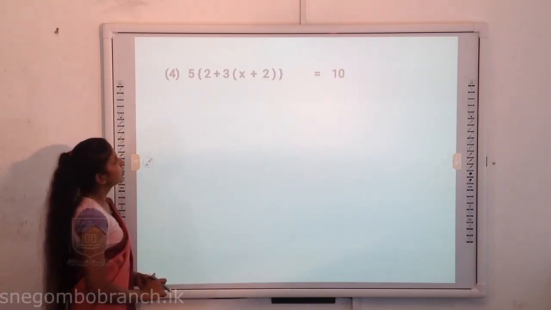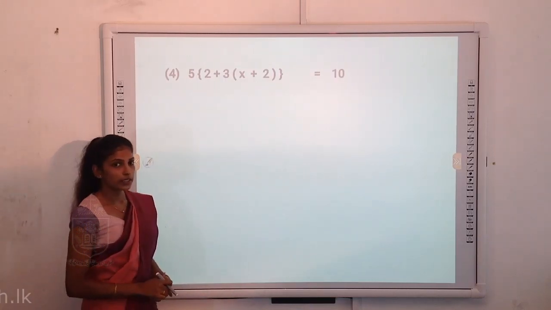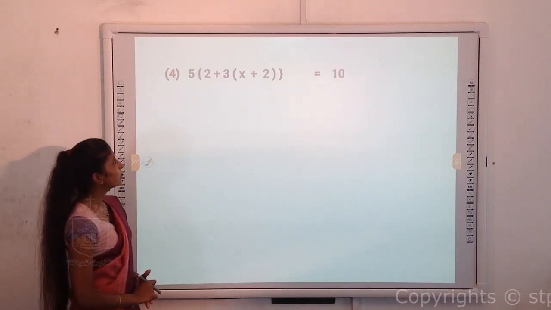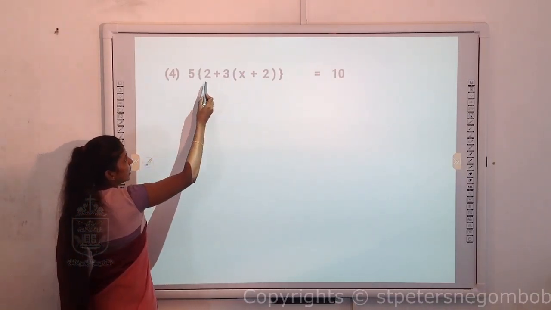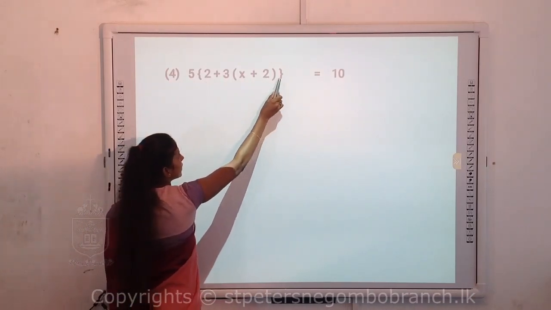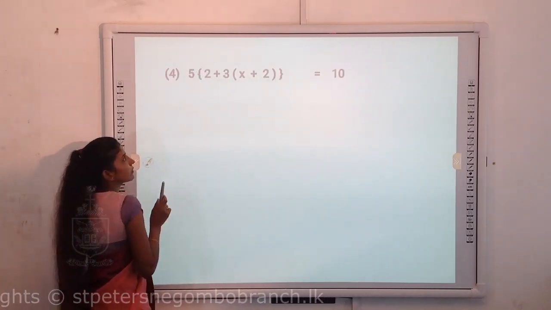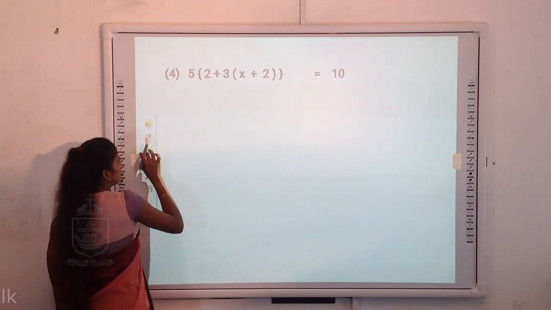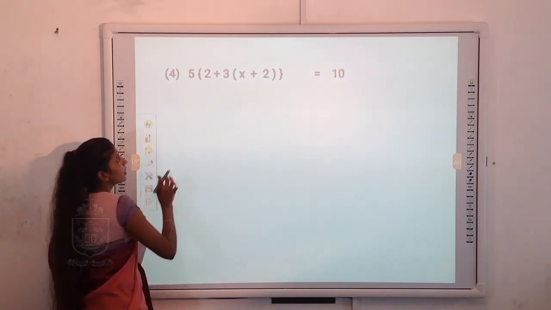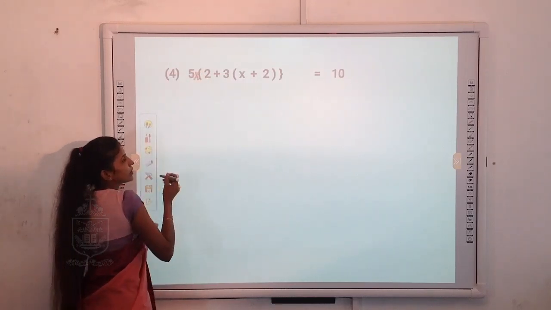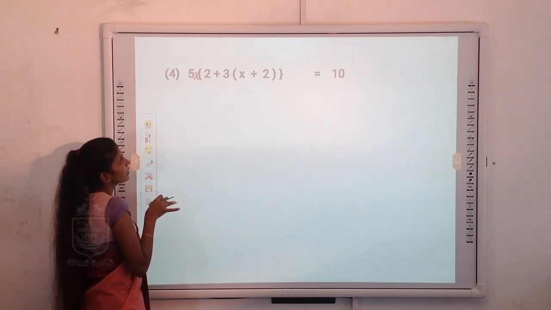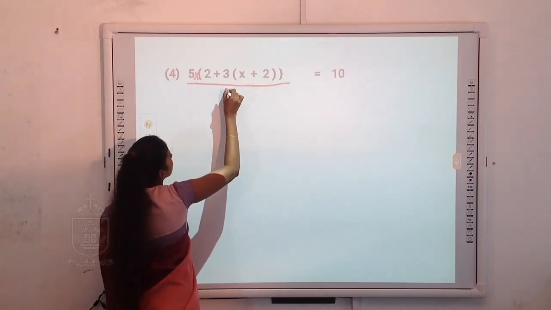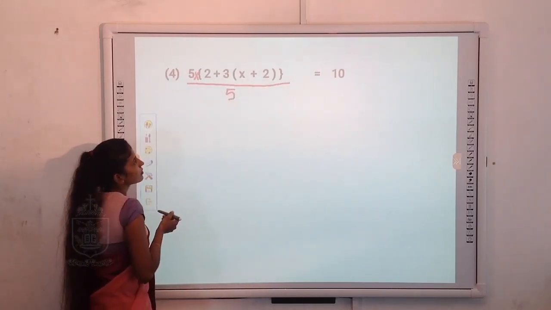Another example. This can also be done in the same manner. Here the meaning is this expression is multiplied by 5. In order to cancel 5, since it is multiplication, you do the opposite, which is division.